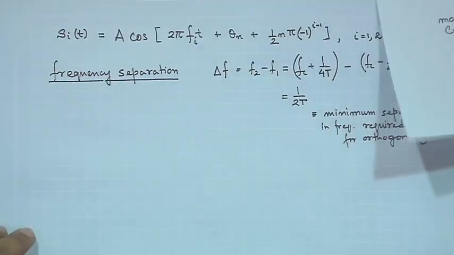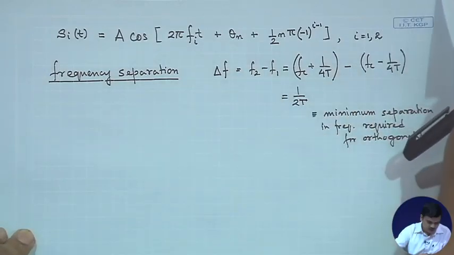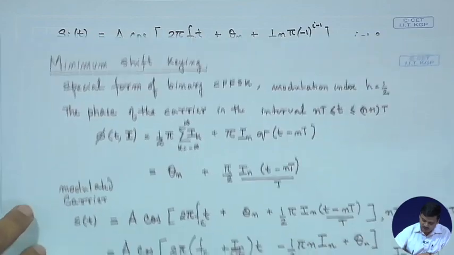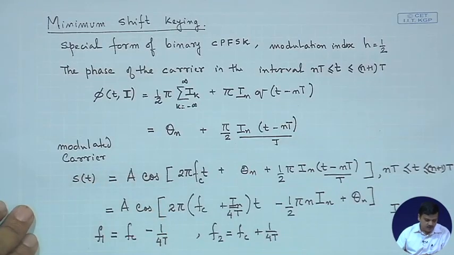So, if we look at the expression that we have just had over here, this is the S(t) and this is the S_i(t) that we have. So, we could also represent this particular signal in a simpler form.